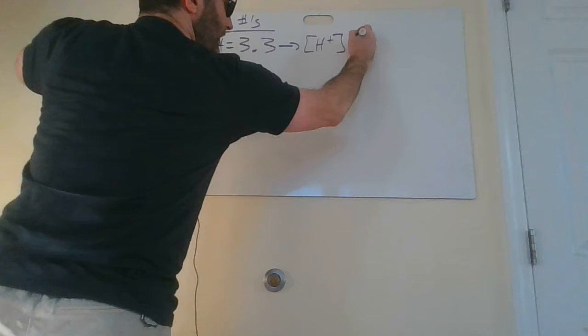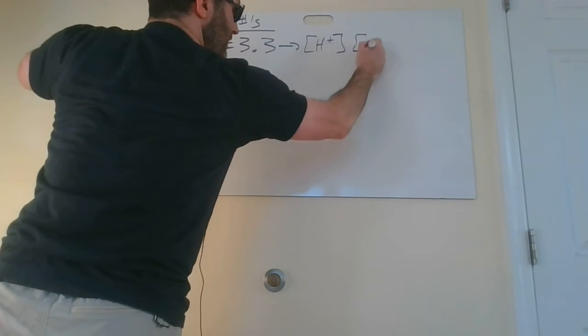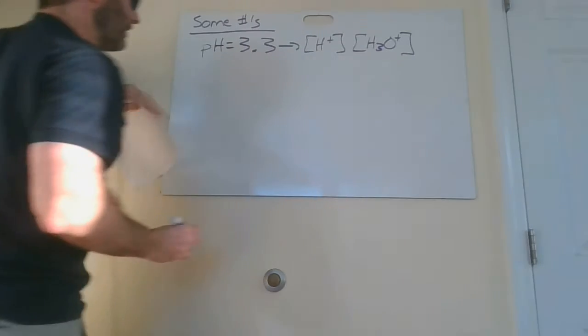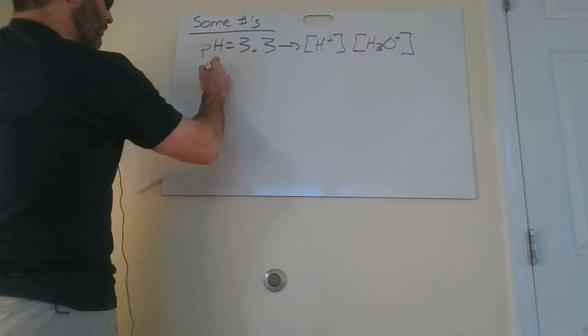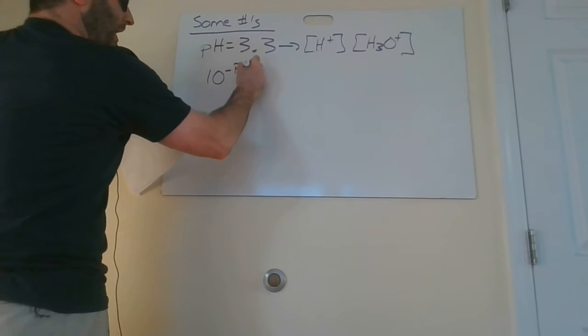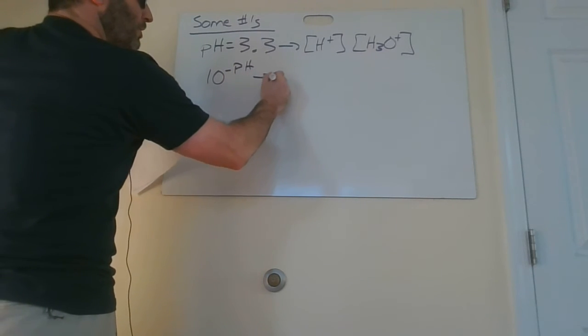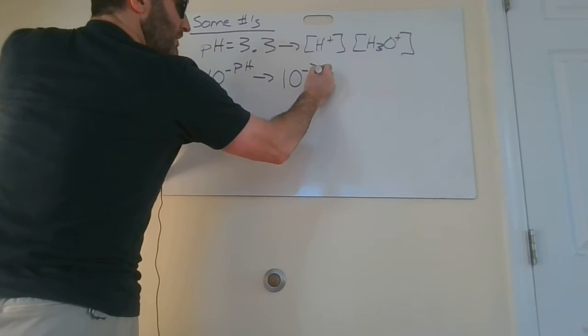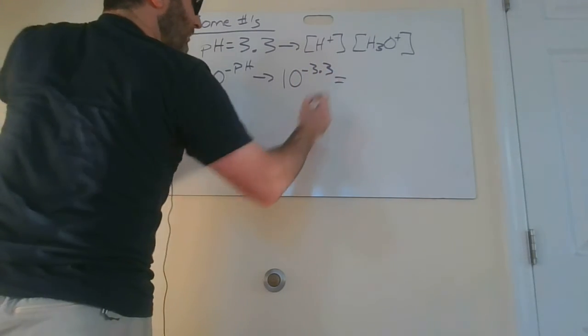Again, that's the same thing as H3O+. They are equivalent. So you remember, that's 10 to the negative pH. When you put that in your calculator, you want to go 10 to the negative 3.3 power.